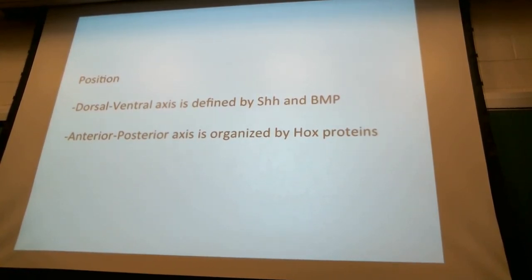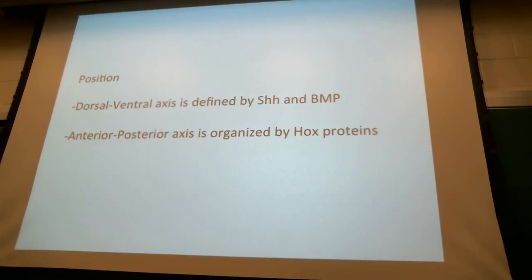So far we looked at positional effect, and we looked at the dorsal ventral axis, which is organized by 2 morphogens, sonic hedgehog and BMP. And another thing is the anterior posterior axis, and Hox proteins organize that. So let's move on to the timing issue.